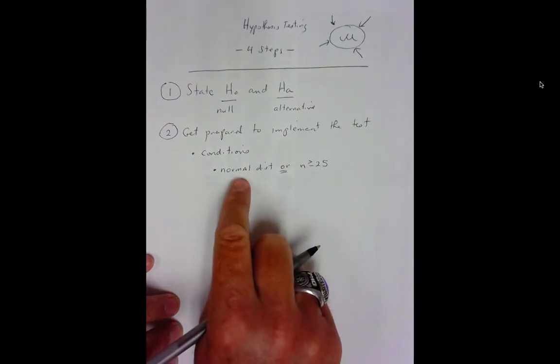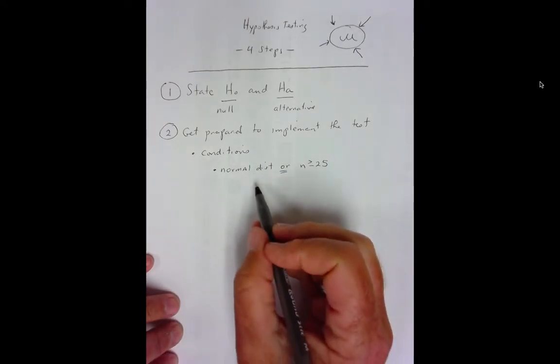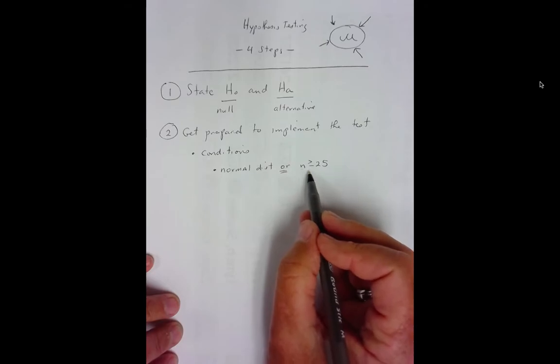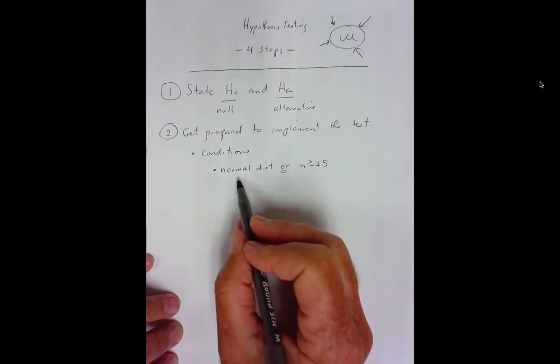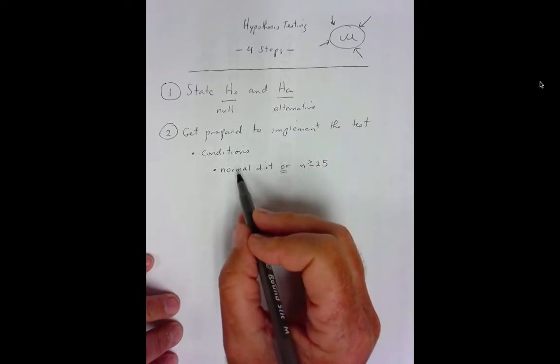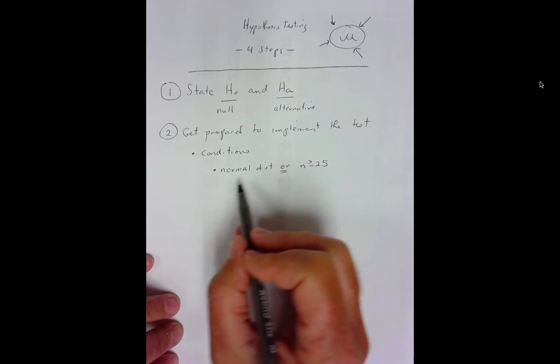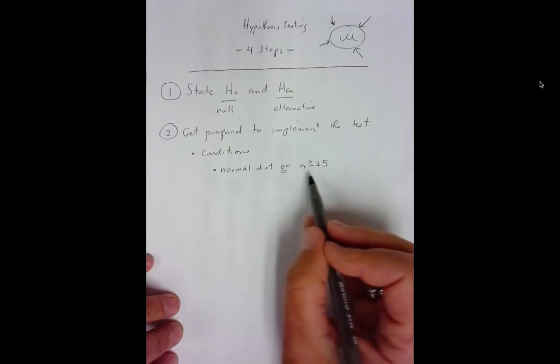Now, if you have a normal distribution and a sample size of 25, fine. But if you have a sample size of, say, 10, then you must have a normal distribution. If you have a sample size of 35, it doesn't matter whether the distribution is normal or not. Central limit theorem kicks in, and our distribution of sample means will become normal. But we either need a normal distribution or a sample size of at least 25.